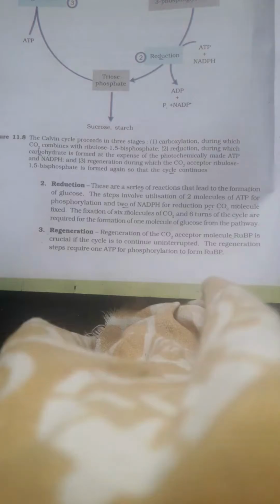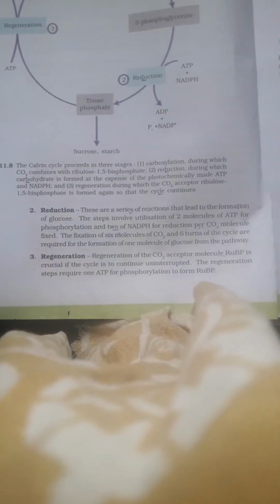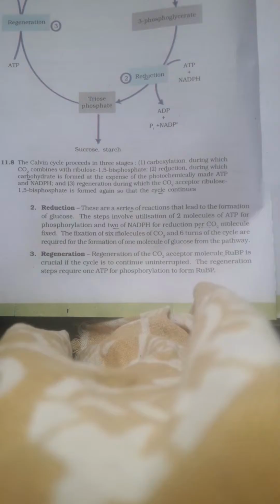Now see figure 11.8. It's clearly given that the Calvin cycle proceeds in three stages. The first one is carboxylation, during which CO2 combines with RuBP, ribulose 1,5 bisphosphate.